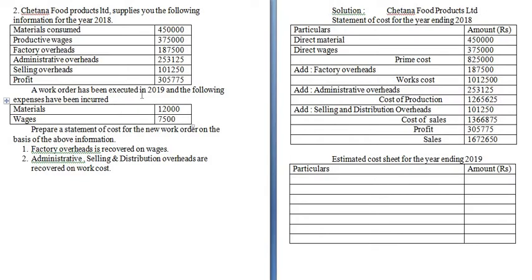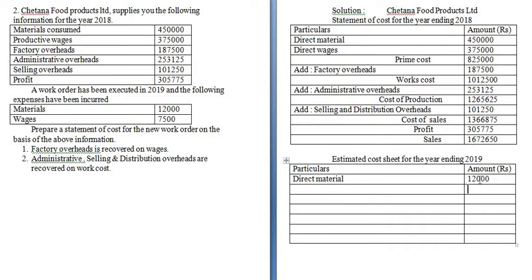Now they have given information related to 2019, so they have given materials and wages. First we will write the estimated cost sheet for the year ending 2019. Here direct material is 12,000.